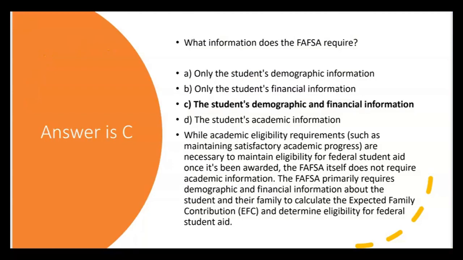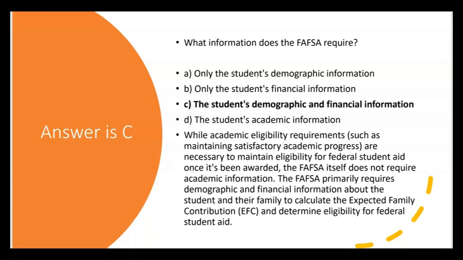C is correct. While academic eligibility requirements, such as maintaining satisfactory academic progress, are necessary to maintain eligibility for federal student aid once it's been awarded, the FAFSA itself does not require academic information, but it does require demographic and financial information about the student and about their family to calculate the EFC, that index that determines eligibility for financial student aid.